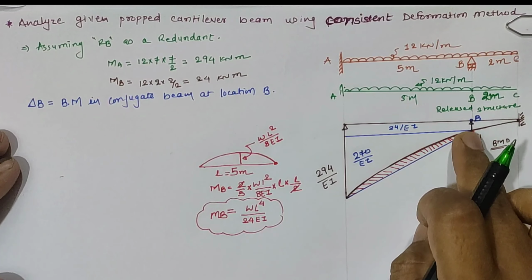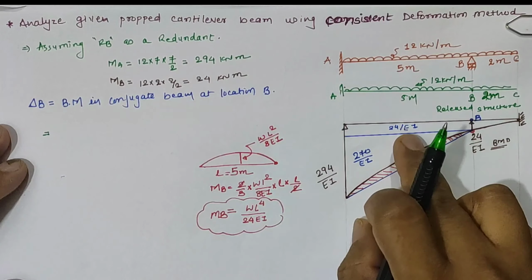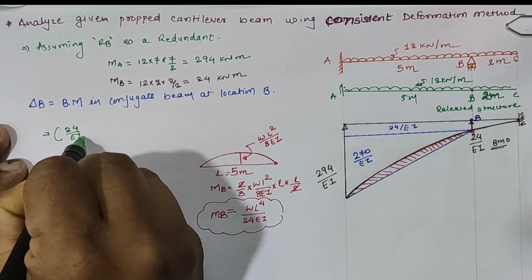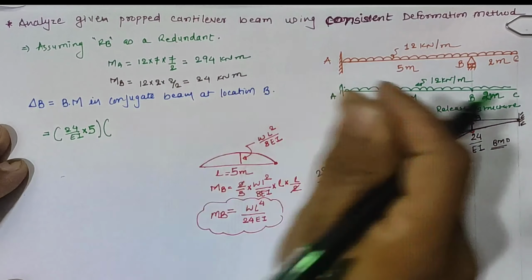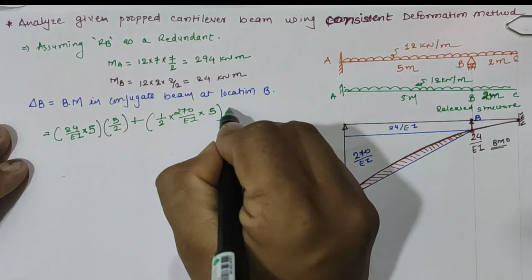So let us calculate the value of delta B at location B. Now for the 24 by EI rectangular part, it is 24 by EI into the total distance of 5, and the CG distance from location B is 5 by 2, plus for the assumed triangle part, it is 1/2 into loading of 270 by EI into the total distance of 5, and from location B the CG distance is 2/3 of 5.